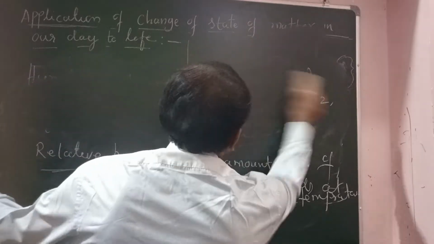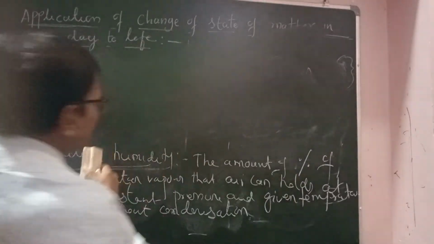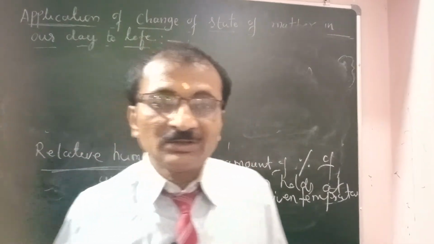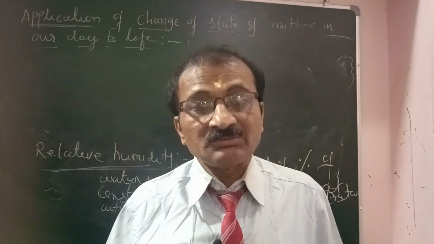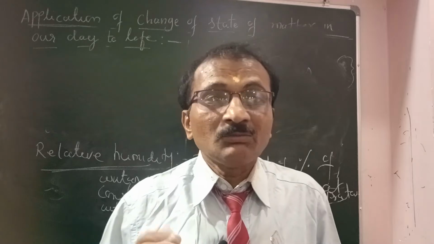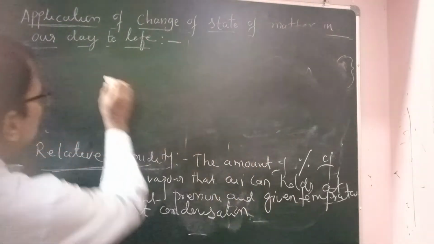We can express it in terms of percentage. Humidity is the common word we are using. Whenever you say today the climate is more humid, we are getting more and more sweaty.